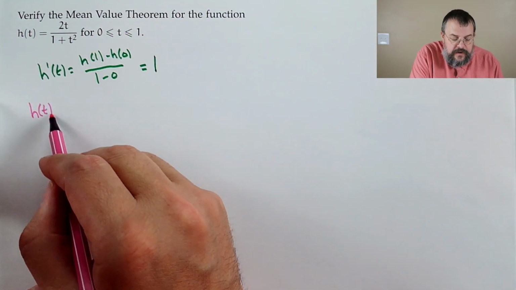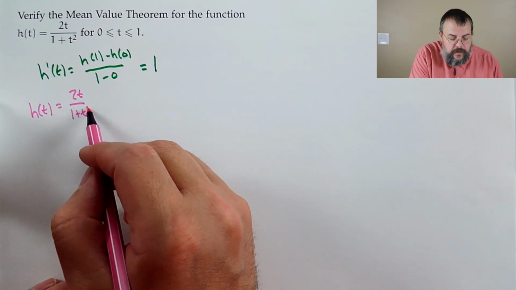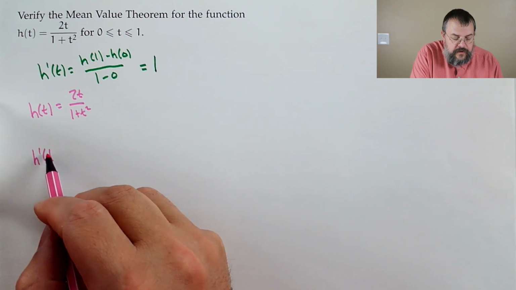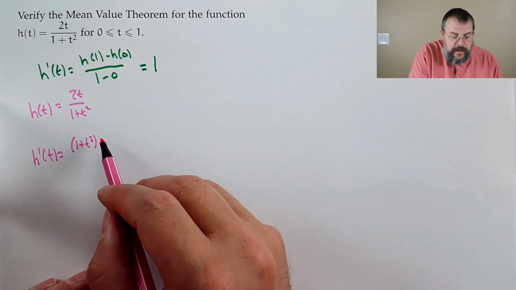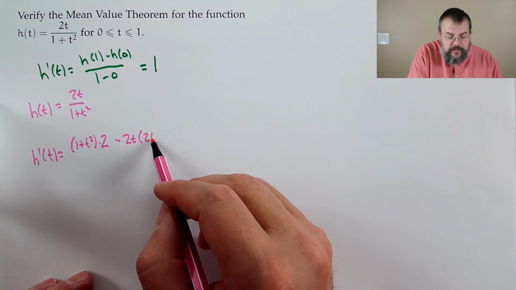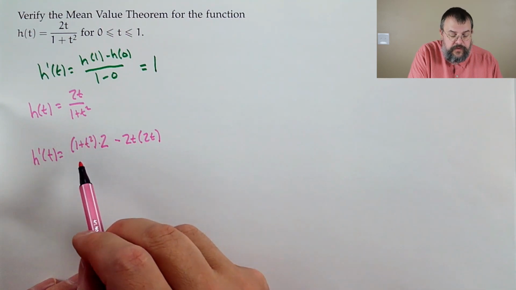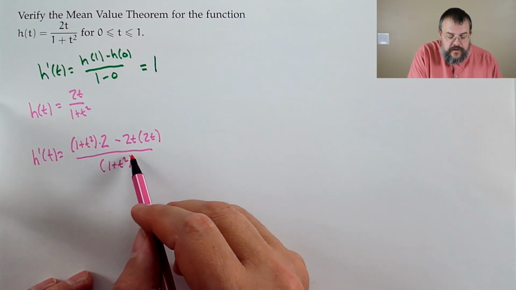So if we're going to take our derivative, we can use our quotient rule. So what's our derivative? We can say the derivative, it's the bottom, 1 plus t squared, times the derivative of the top, minus the top, times the derivative of the bottom, which would be 2t, all over the bottom term squared.